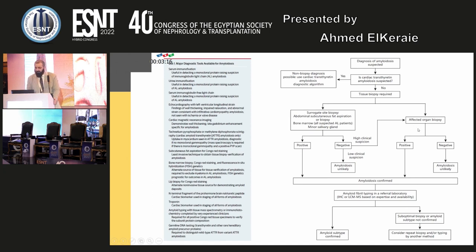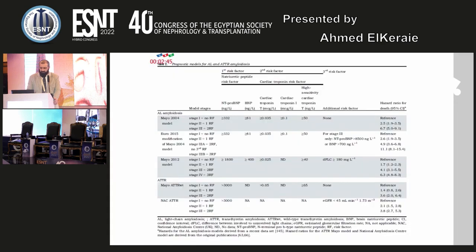And then it goes, when you diagnose amyloidosis, do you think it's cardiac transthyretin amyloidosis? So you would go in this particular pathway. If not, you would go for tissue biopsy. If the biopsy proves to be Congo red positive and having the AL immunohistochemistry subtype, which is available, by the way, and easy to be done, then you confirm your diagnosis. If it is not revealed, you go for more sophisticated measures, maybe mass spectrometry or other revealing techniques for the amyloid type.